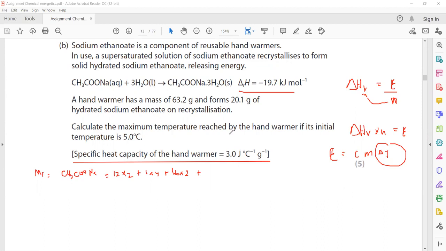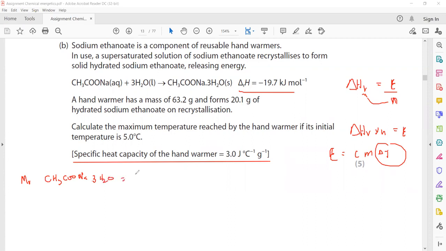And this is for anhydrous, but for hydrated, 3 water molecules are also attached. So that is 3H2O. So the molar mass of hydrated sodium ethanoate, CH3COONa·3H2O.